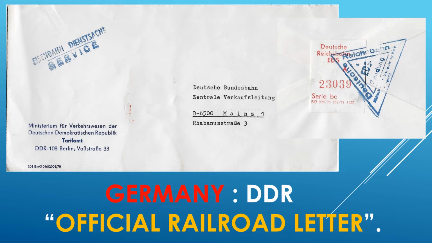And this one is Germany, DDR or GDR or Eastern Germany, Soviet occupied Germany. This one is an official cover from the railroad office, and it is typical for official mail.